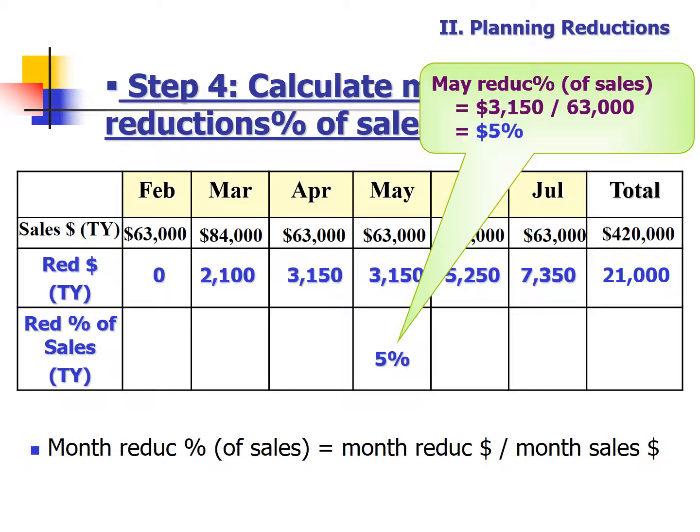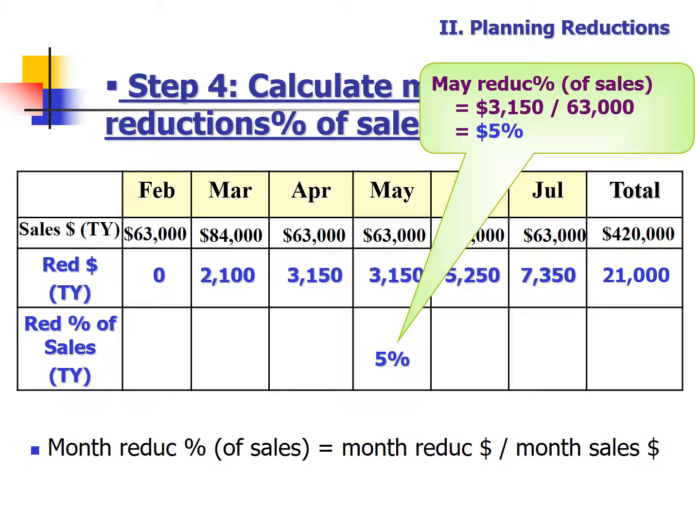That will be 5%. So this monthly reductions percent figure is different from the previous reductions percent figure that we looked at. Previously, we looked at reductions percent distribution, which is basically reductions percent out of the total seasonal reductions total, right? Whereas this reductions percent number is the percent of sales. So we're going to have to look at month by month.